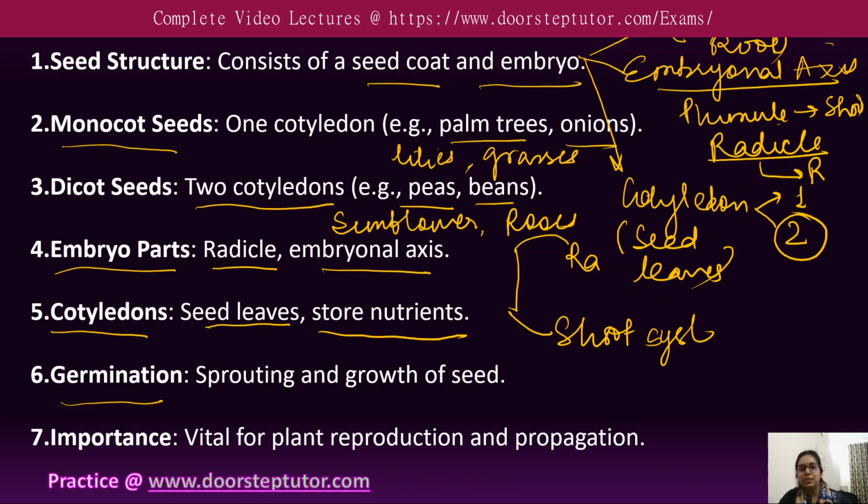Similarly, when all the conditions are favorable to the seed, then the sprouting and growth of the seed occurs, and that process is known as germination.